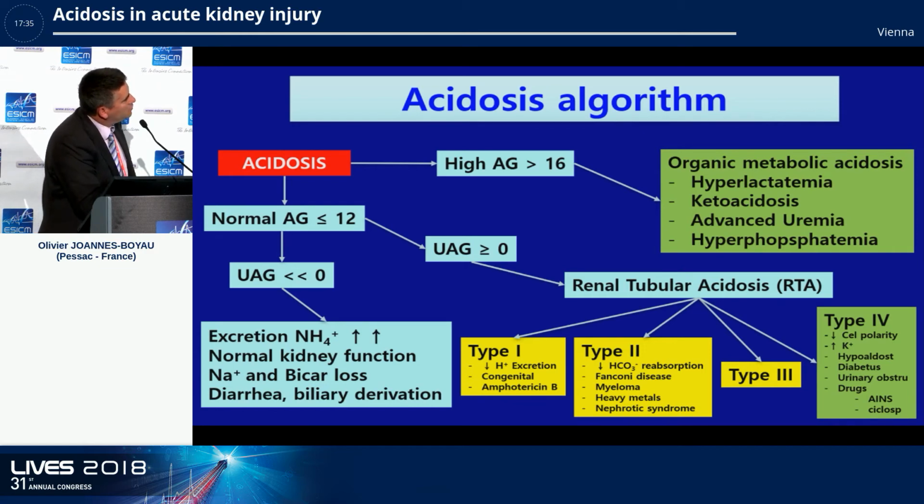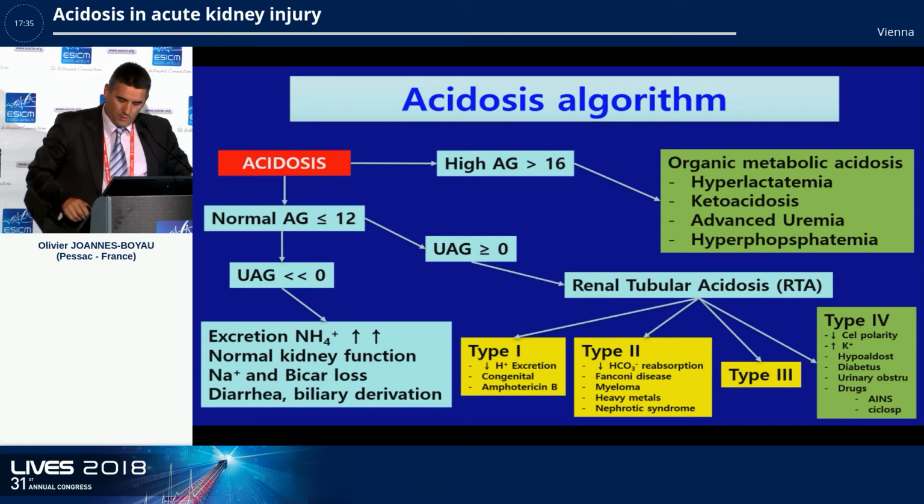And probably it's due to diarrhea and biliary derivation with some part of hypovolemia that can cause this metabolic acidosis. And this could be corrected before you have a definitive failure in the kidney and you have an acidosis due to the kidney failure also.